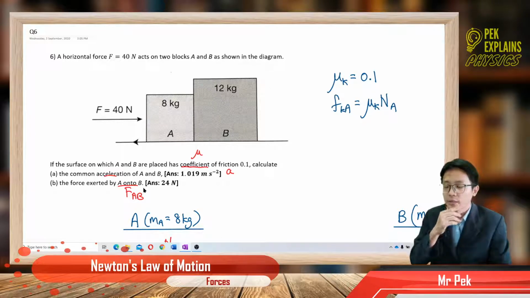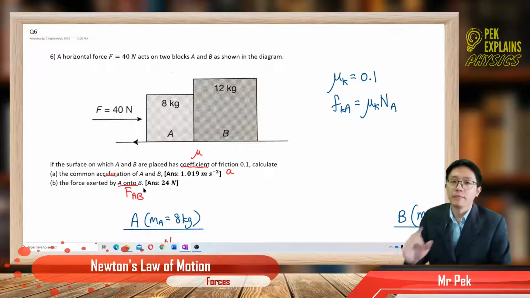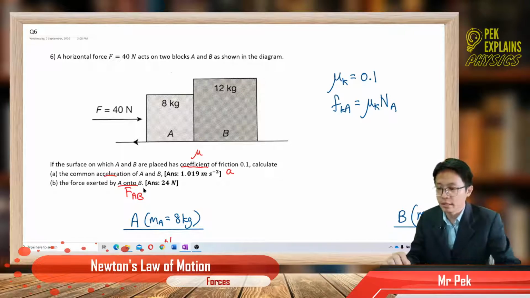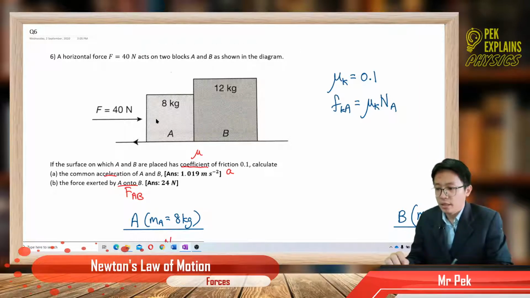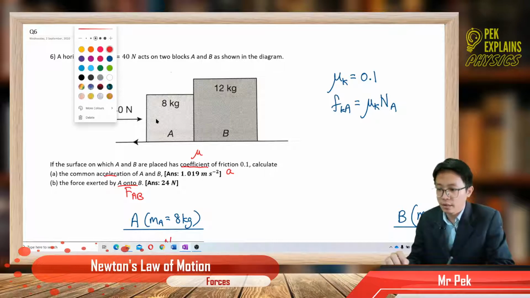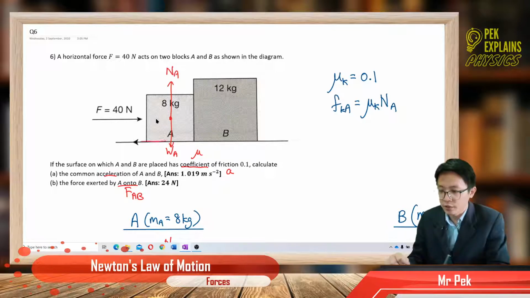All right. So how to do? First of all, let's draw the free body diagram. Forces that are acting on this object. So let's look at the block A. Forces acting on it are the external force 40 Newton, and also its own weight, the normal force perpendicular to the surface, and because the surface is rough, it has the friction.